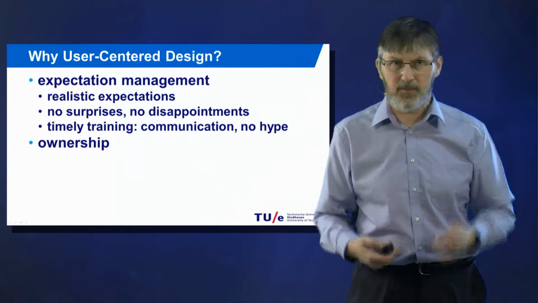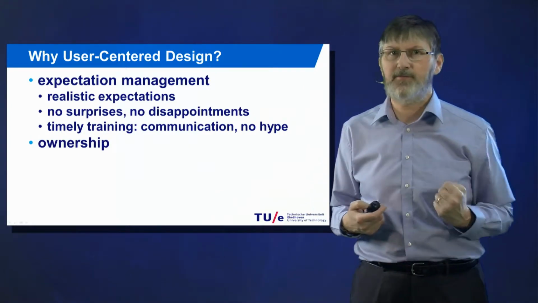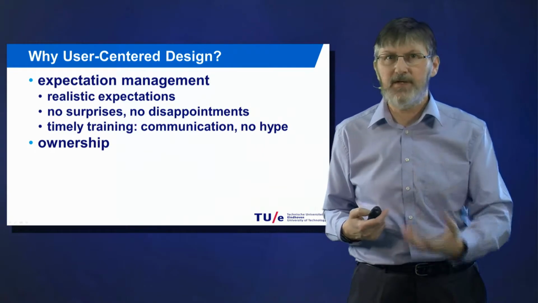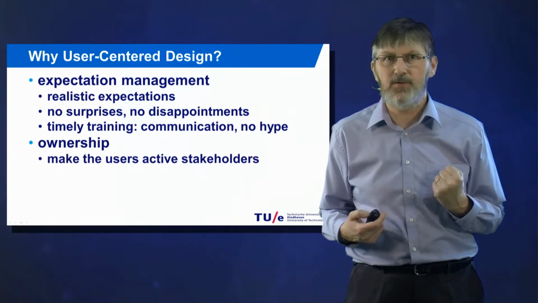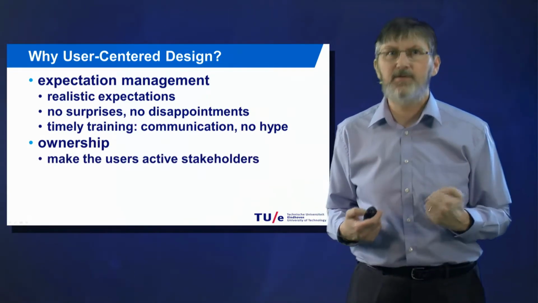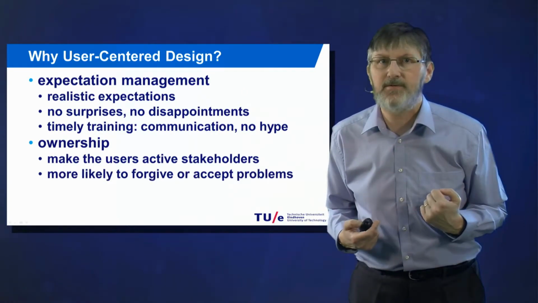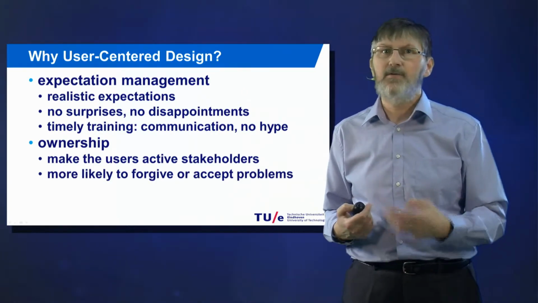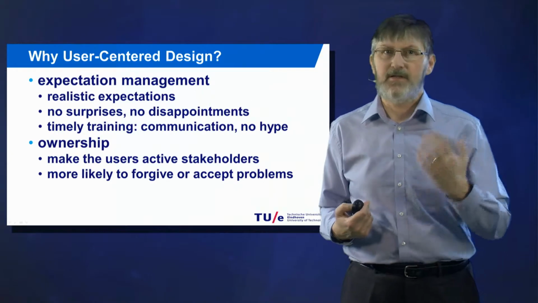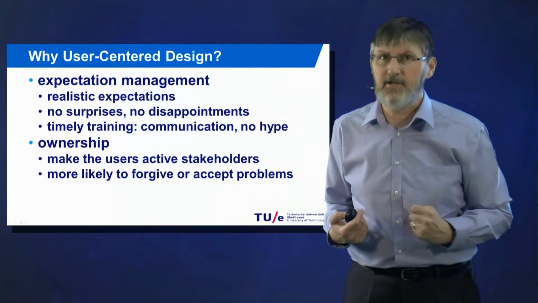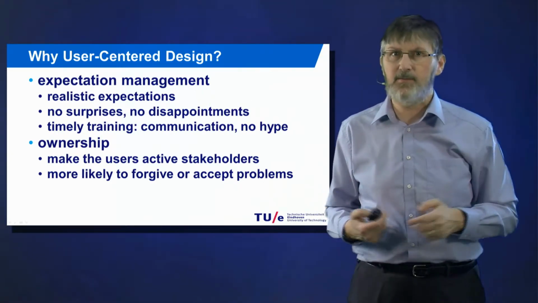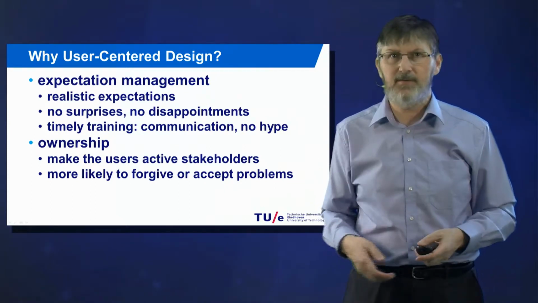Users that work with us get a sense of ownership. They feel that they contributed to the development, and so they become active stakeholders. They are more likely to forgive that there is a problem and to accept that there is still a problem, maybe a problem still to be solved throughout the development.